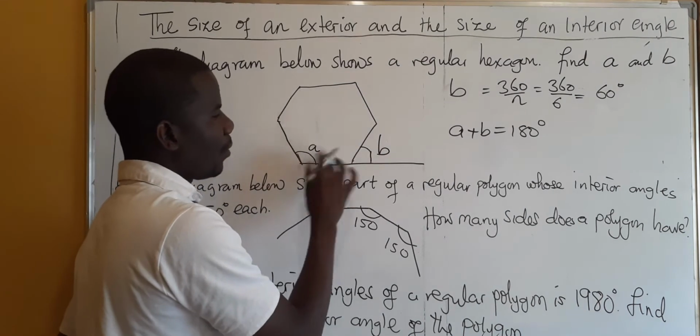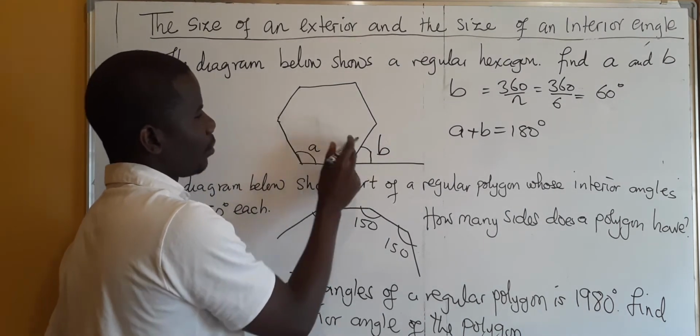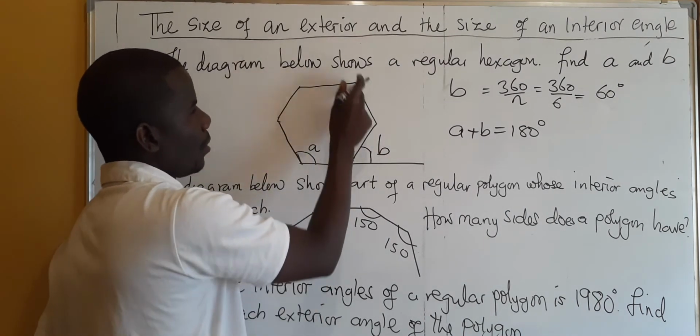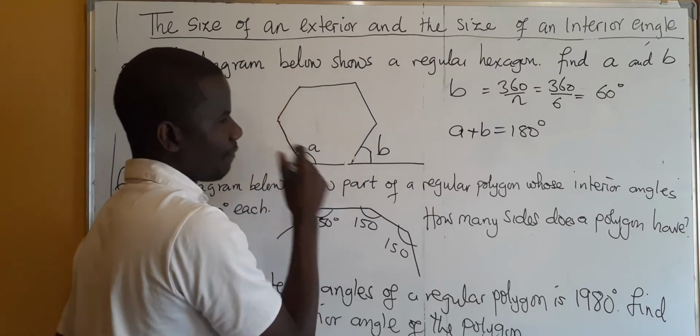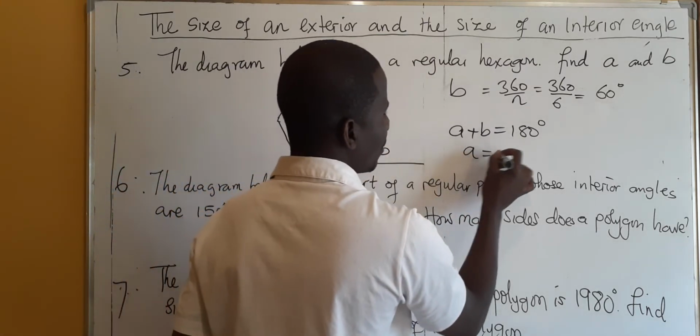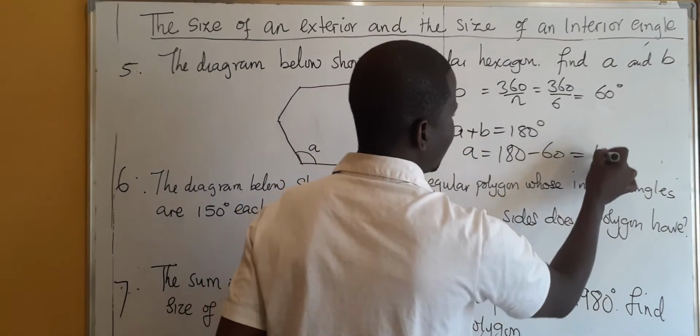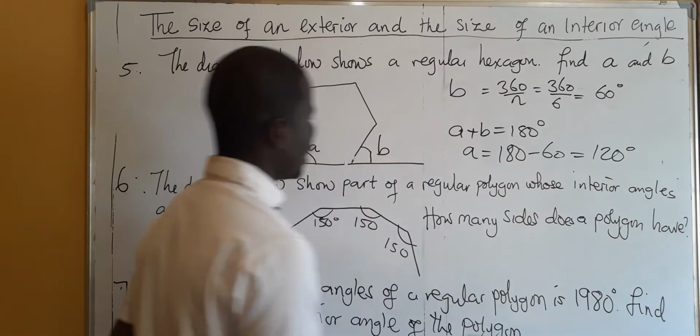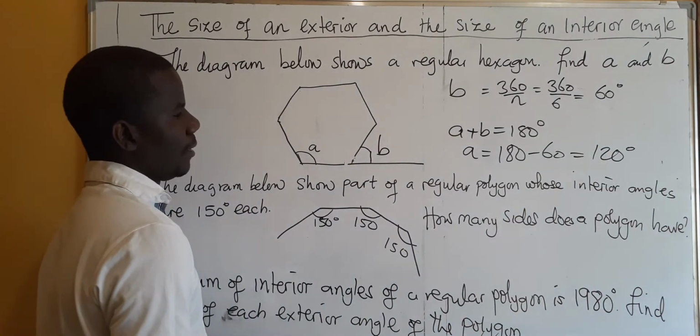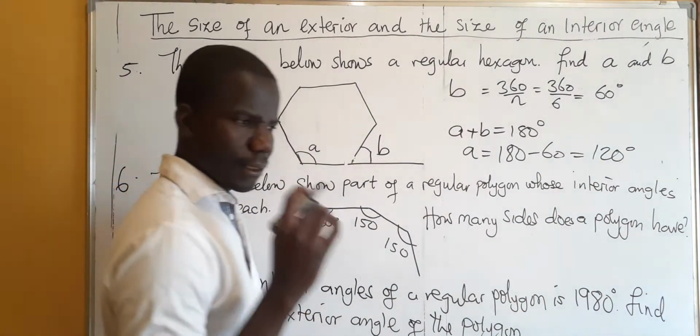The interior angle, because this angle here is the same as this one. All these, they are equal. They are equal if you remember where we are coming from. So meaning A is equals to 180 minus 60, which is 120. It's as simple as that. Okay? It's as simple as that.